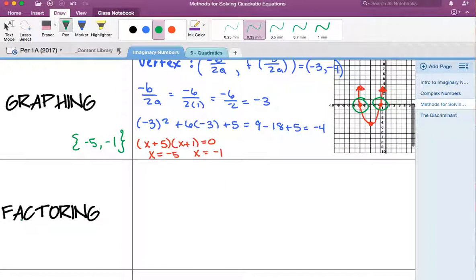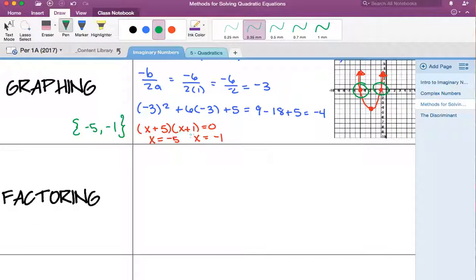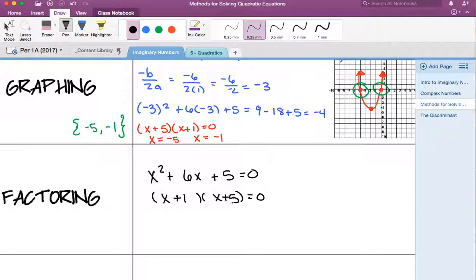The next one we're going to solve by factoring, which we did up there, but we're just going to do it again down here. So I'll write my function, x squared plus 6x plus 5 equals 0, and solve it by factoring. That means I need the 2 factors, and that was x plus 1 times x plus 5.